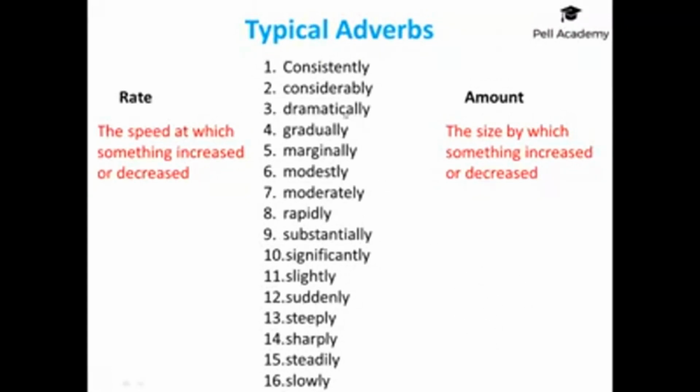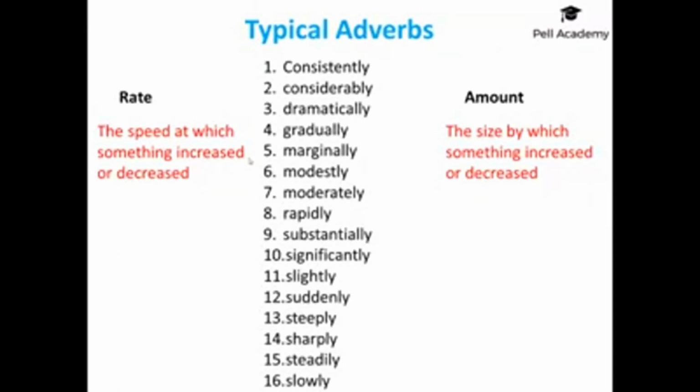So first, organize according to rate or amount, and second, order in relation to the degree. Okay, so I'll just give you a few seconds, so pause the video while you're doing this and then press play when you're ready to see the answers.